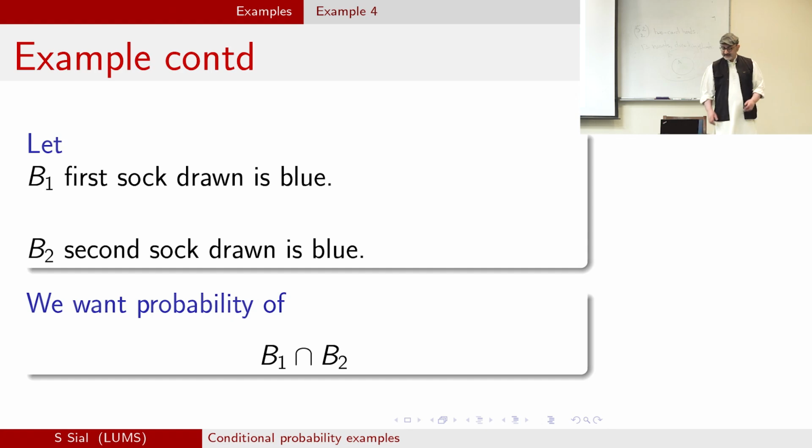So let's say B1 is that the first sock drawn is blue. B2 is that the second sock drawn is blue. Let's say I want the probability of B1 intersection B2. Okay. How might we do that?